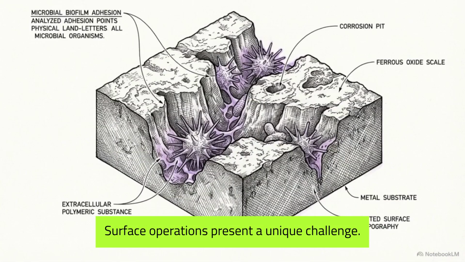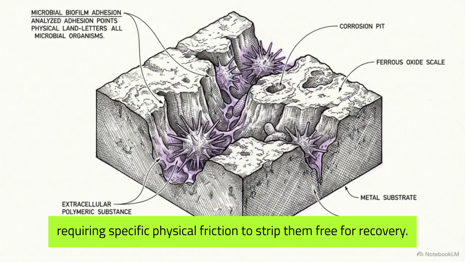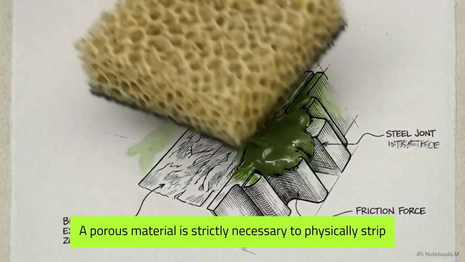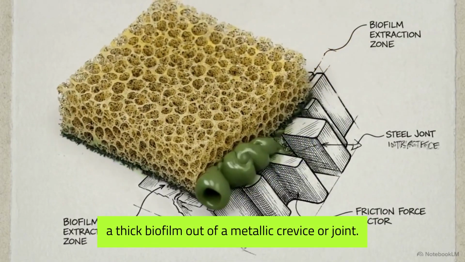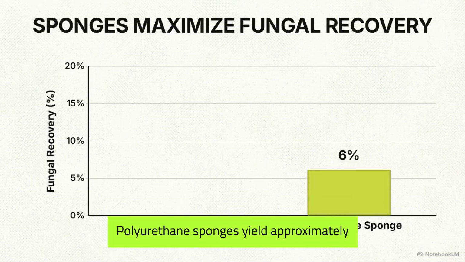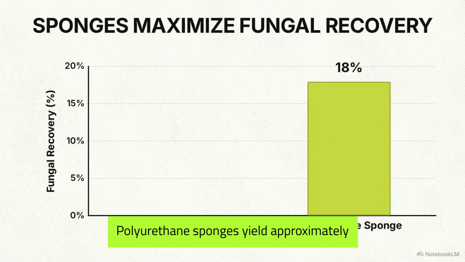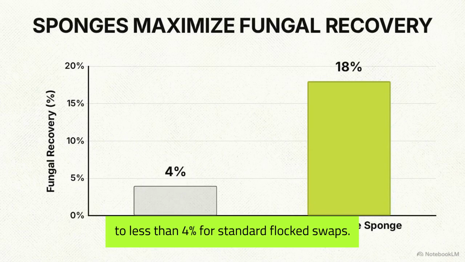Surface operations present a unique challenge. Microbes adhere tightly to various materials, requiring specific physical friction to strip them free for recovery. A porous material is strictly necessary to physically strip a thick biofilm out of a metallic crevice or joint. The data supports this requirement. Polyurethane sponges yield approximately 18% fungal recovery, compared to less than 4% for standard flocked swabs.